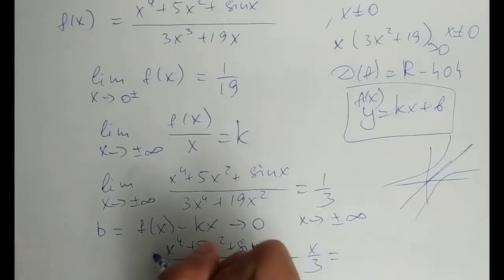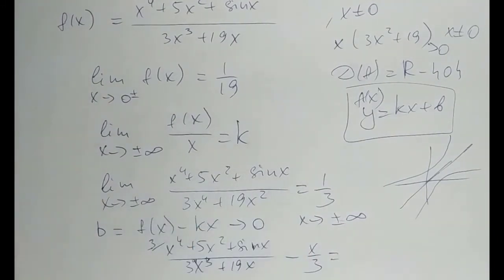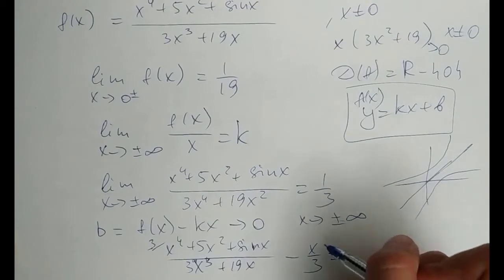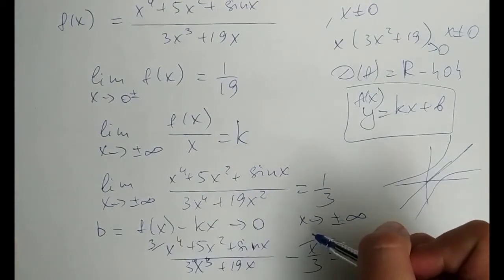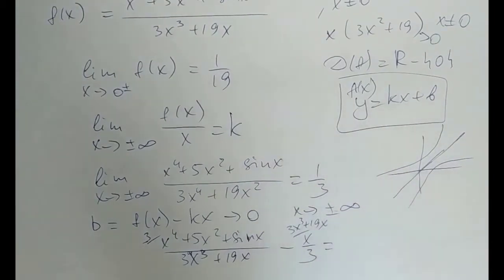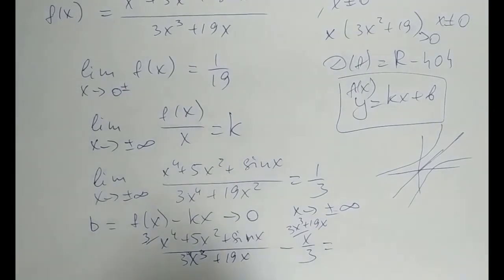Here we need to get common denominators. Here 3, here 19x. So the x to the fourth, 3x to the fourth we get here, and they are cancelled, and we have just this one.